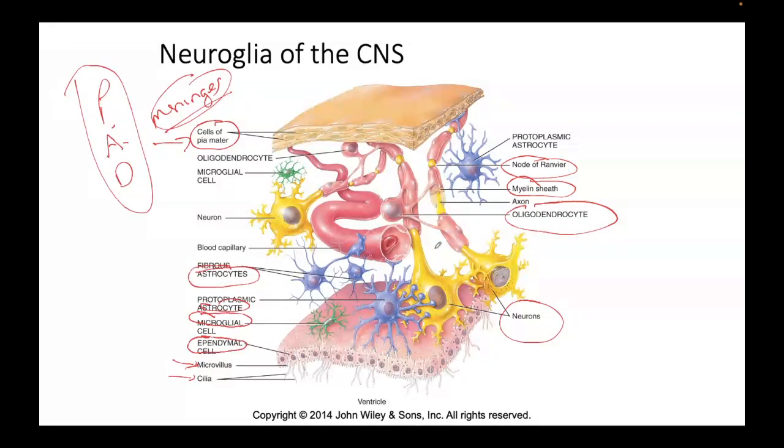Let's look at some of these functions of some of these cells, especially these astrocytes right here that look like these stars. Notice how they're connecting to blood vessels. That's an important concept for the blood-brain barrier.